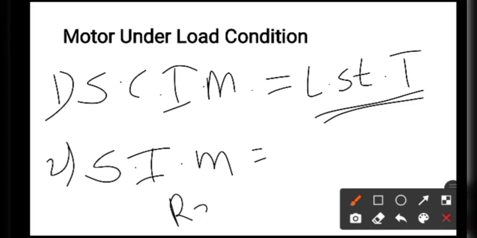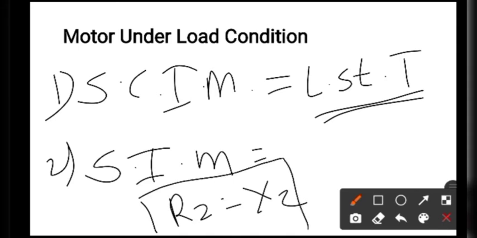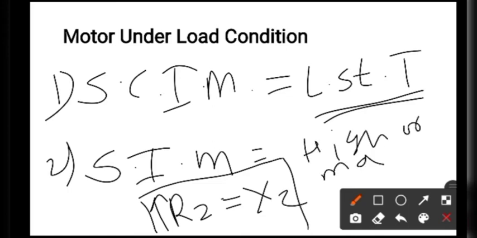The condition is R2 is equal to X2. This is the maximum torque condition. So in this case we can increase the value of rotor resistance equal to the rotor reactance. Then we get high or maximum torque, which we can achieve in the slip ring induction motor.